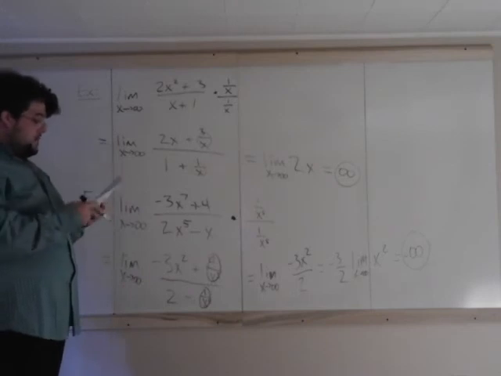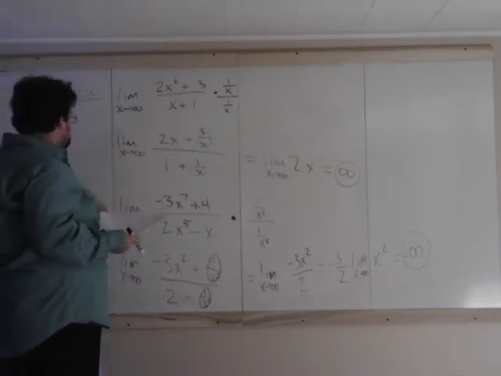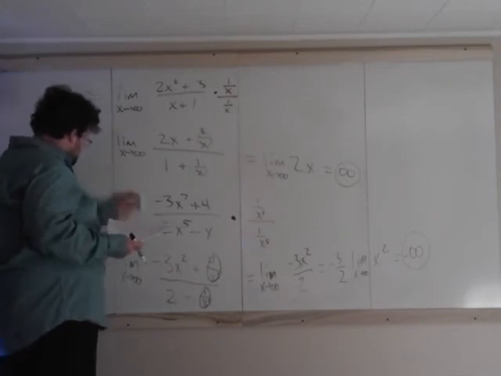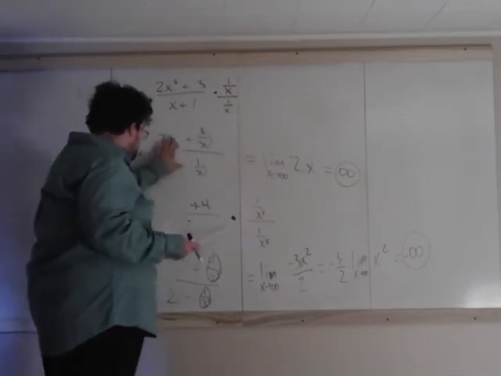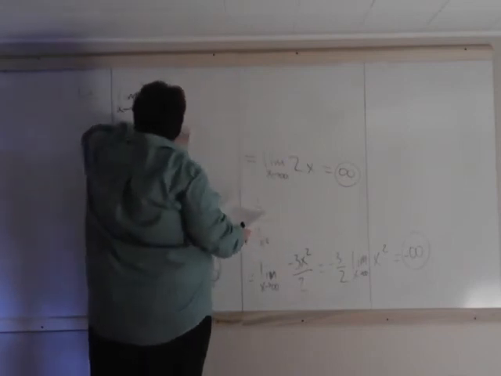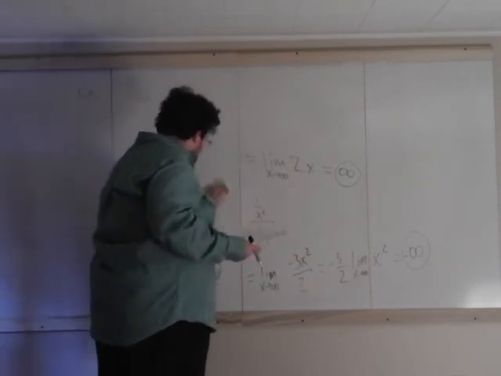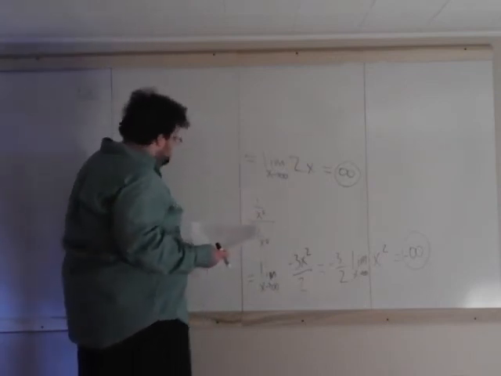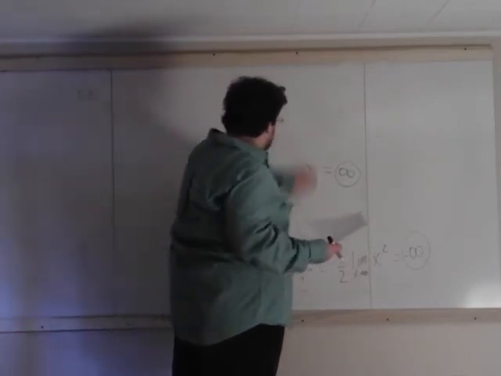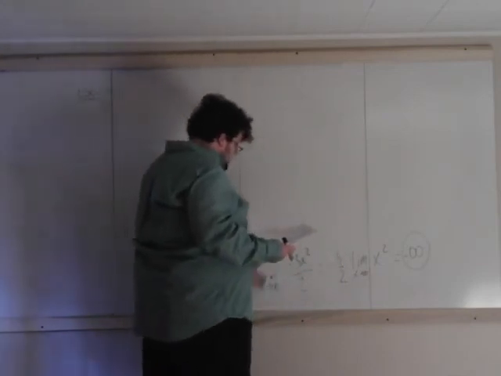Let's look at another limit. So far we've had just rational functions. Well, what if we throw a square root on one of them? Can we take the limit if we do that? Well, let's see. I said 6 examples, and we've done 5, so you might expect that, yes, we will be able to handle it.